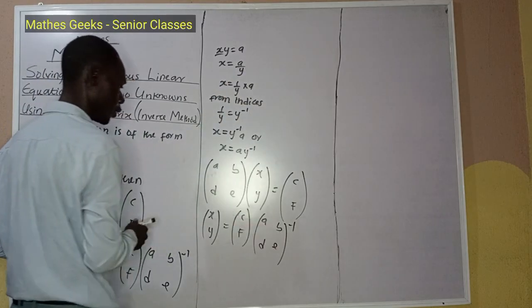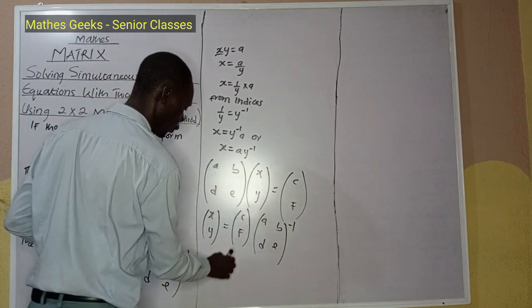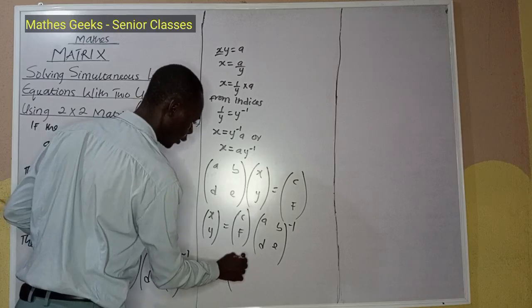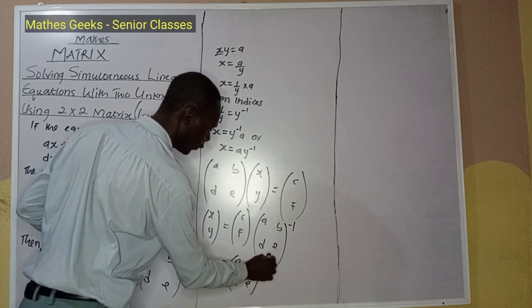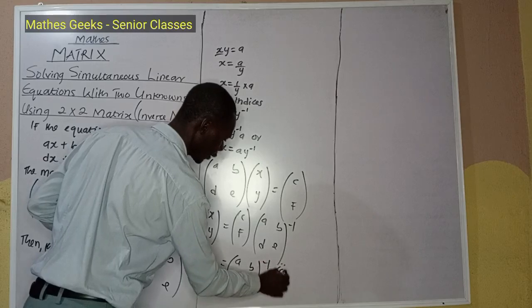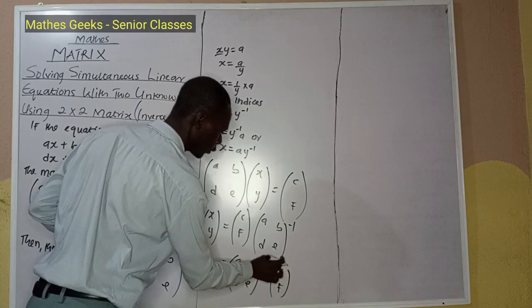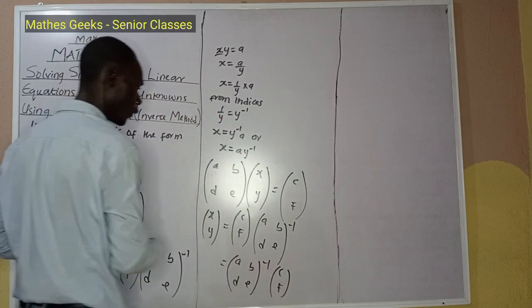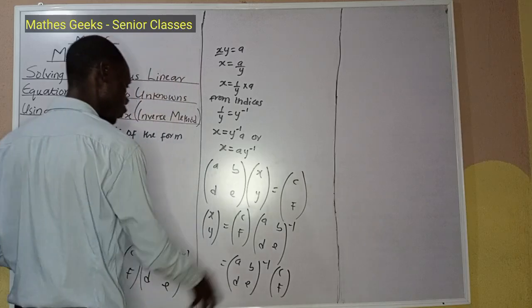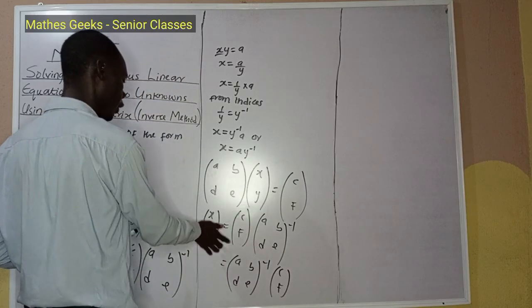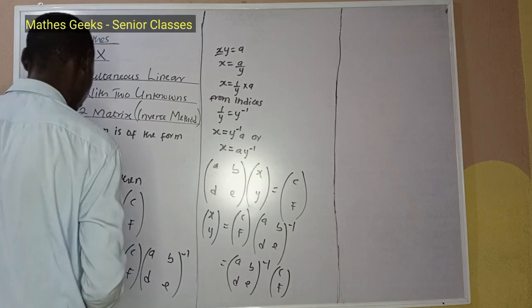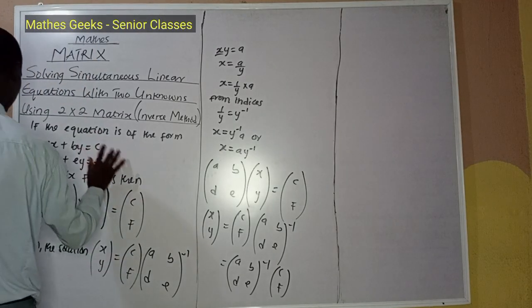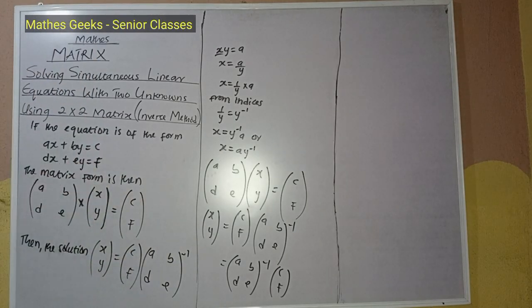Either you write it like this, or you write it as a, b, d, e inverse, and then c, f. Either of them will give you the same answer. So you solve until you get your answers, and the answers you get will be the solution to the simultaneous equation given.